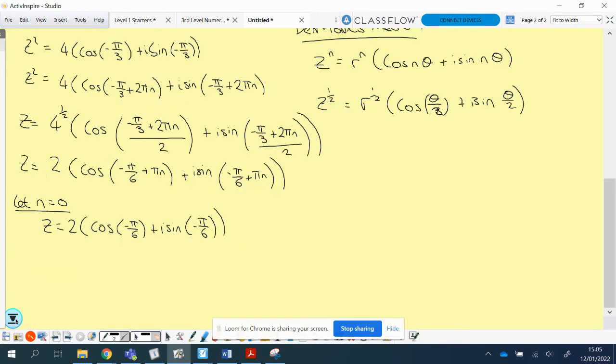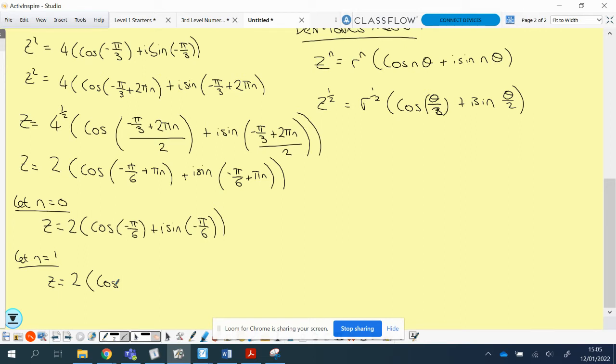That's the first root. We're going to draw that on an Argand diagram. Second root, we're going to let n equal 1 this time. So z is going to be 2 bracket cos. Well, I've got negative pi over 6. If I let n equal 1, I'm going to add pi onto that, which is 180 degrees, which means that pi over 6 becomes 6 pi over 6.